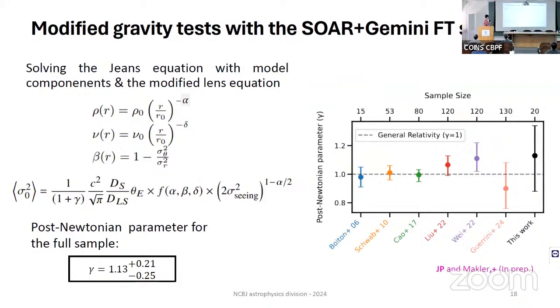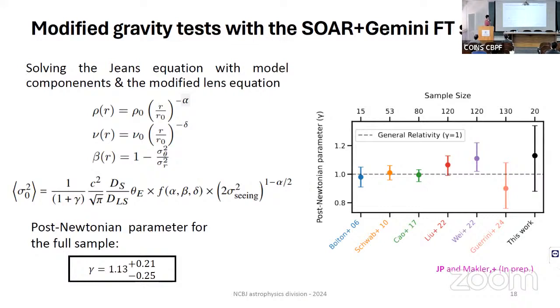I will just skip. So yesterday we saw the modified gravity test. So for example, we are extracting the velocity dispersions from the spectra and also inferring, modeling a velocity dispersion, and also using the information from the image modeling, which is encoded in this parameter, the Einstein radii. We can compare these two quantities and set constraints on GR because we have a dependence on this slip parameter here.